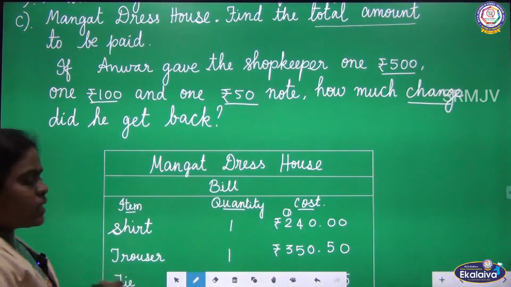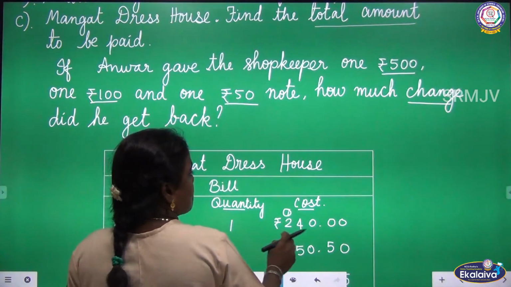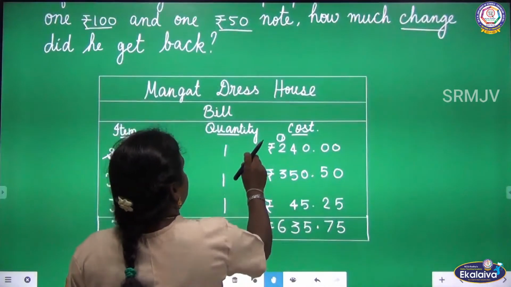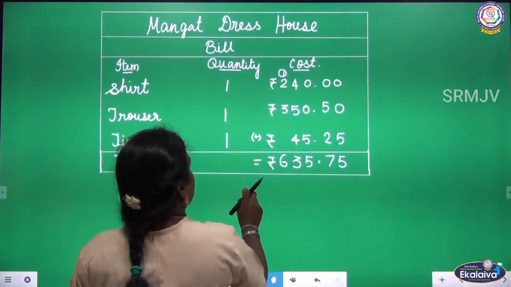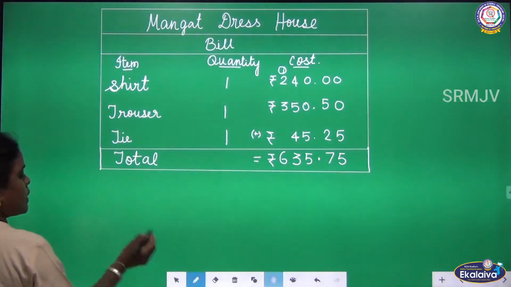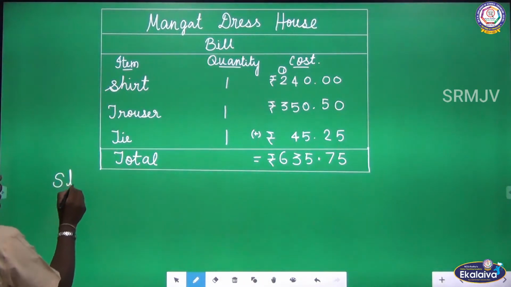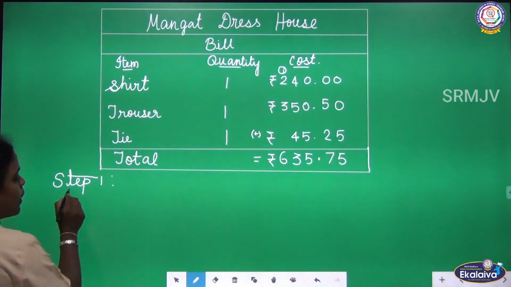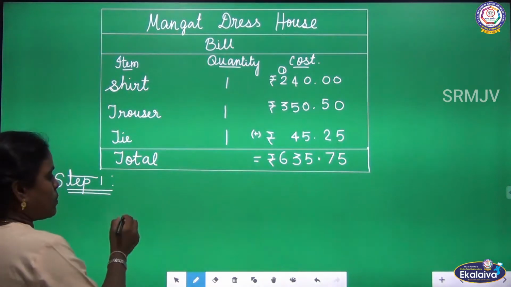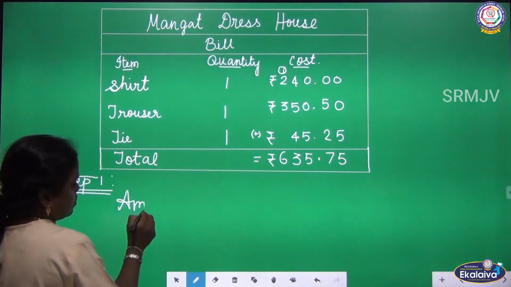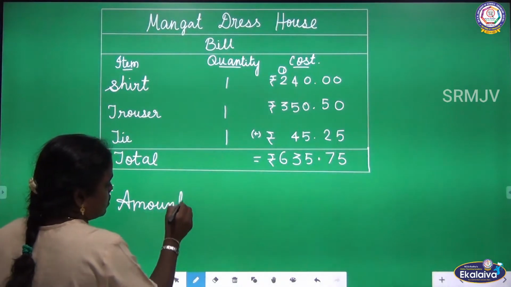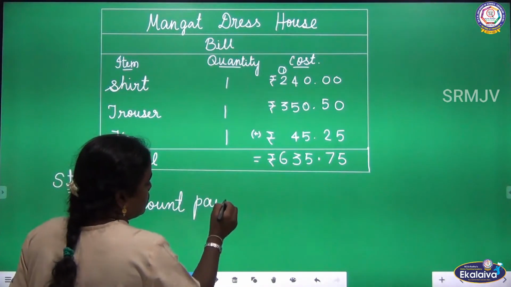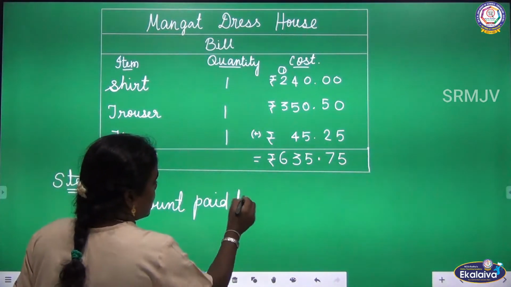So in step 1 we are going to find out the amount which he paid to the shopkeeper.